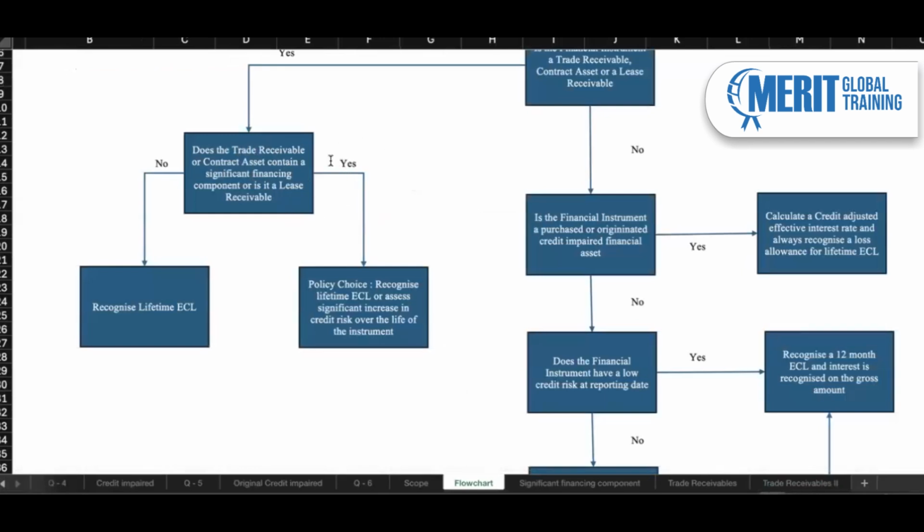So the second leg: does the trade receivable or contract asset contain a significant financing component? Answer is yes. Or we are talking about a lease receivable. We are basically talking about those assets which involve extending financing facilities to others, beyond the normal. If I am selling goods to you on credit, I am allowing you to pay me, say, 30 days after the date of sale. But here, if there is a significant financing component, that means there is a significant difference between date of sale and the date of collection.